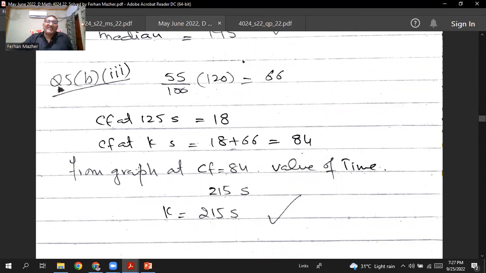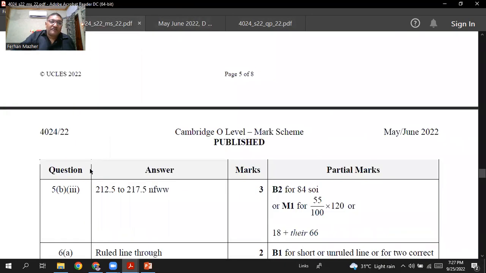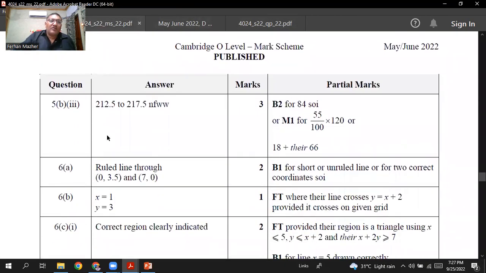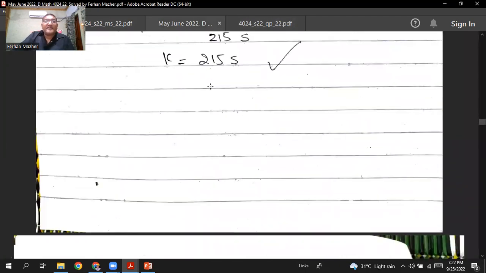I hope you understand. A little tricky question. The accepted range is 212 to 217, any answer will work. Okay, so our answer is 215. So that answer is right.